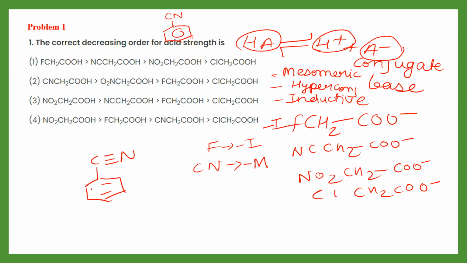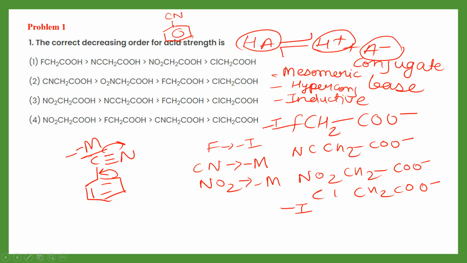So for resonance, it can't give its electrons to the benzene ring. Rather, it will take electrons from the benzene ring. So whatever group is attached to the benzene ring, if it is pulling electron density from the ring, it will show a minus M effect. So CN is showing a minus M effect. NO2 is also showing minus M, and chlorine is again minus I.